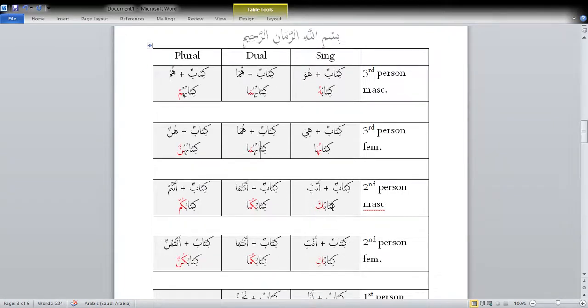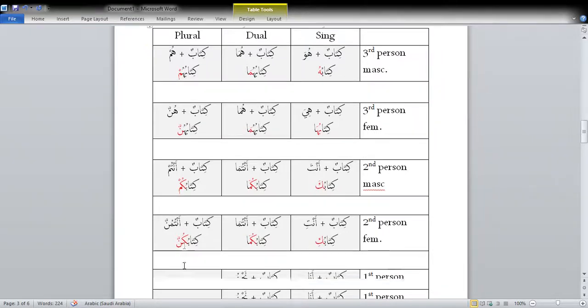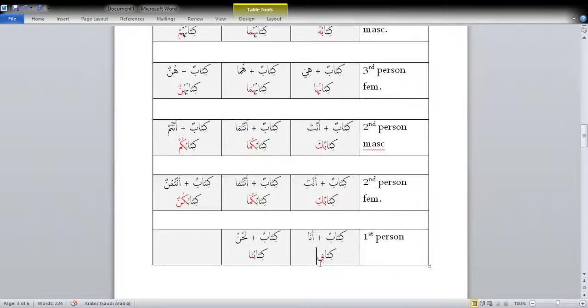When it's anta, it's kitabuka, kitabukuma, kitabukum, kitabuki, kitabukuma, kitabukunna, kitabi. So this is known as ya mutakallim, which is like the ya of ownership. So it means my book, right? That's the book that I own, right? So ana, when you want to show something that you have, it becomes kitabi, right?